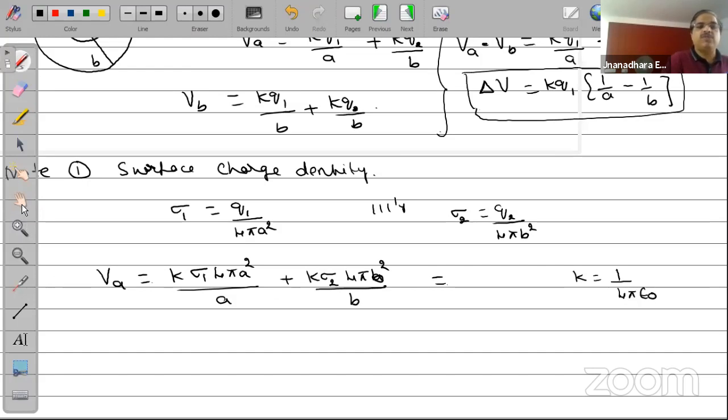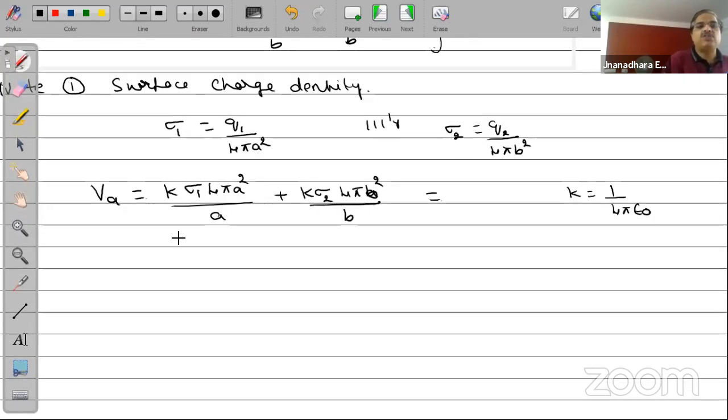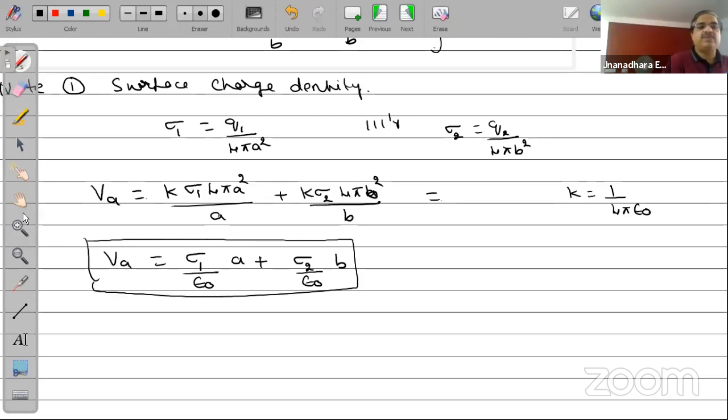So 4 pi will also cancel off, and hence you can show that this will simply be equal to sigma 1 by epsilon naught into A plus sigma 2 by epsilon naught into B. This will be your VA. So it's much easier to write down the expression for VA in terms of sigma.